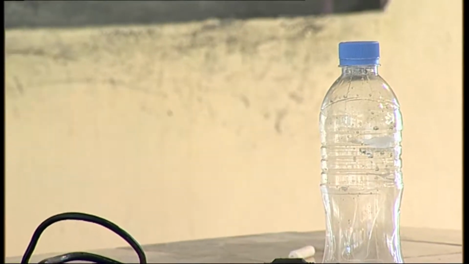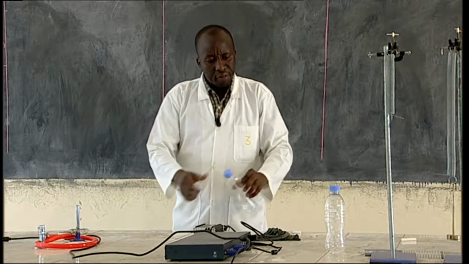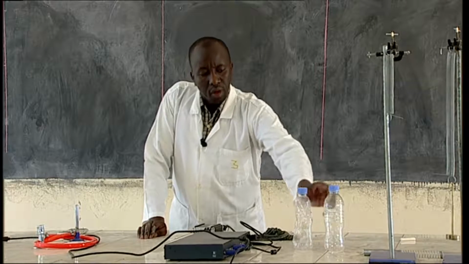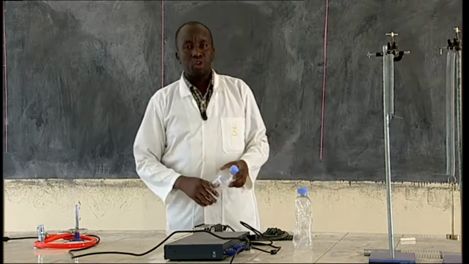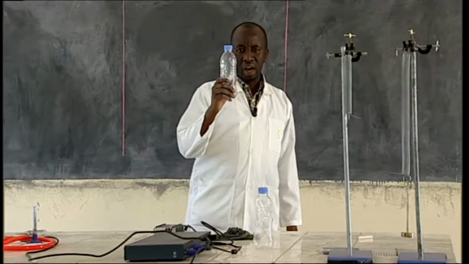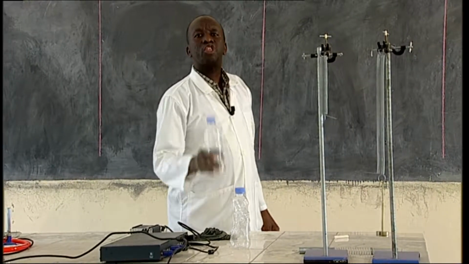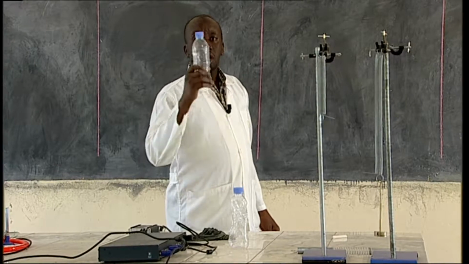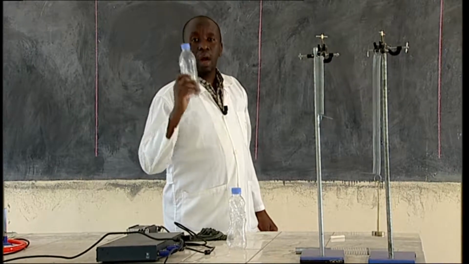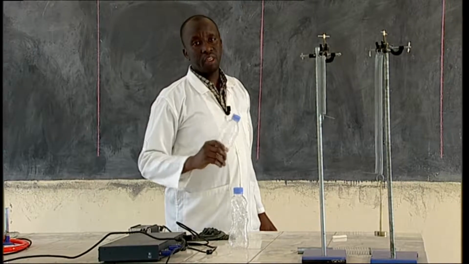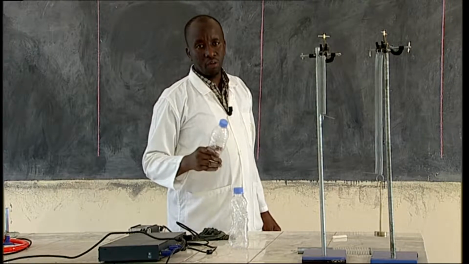Okay, now students, we have the application of force on this bottle so that it has the shape of this one. In other words, deformation appears when force is applied on this material. And then we define that deformation.